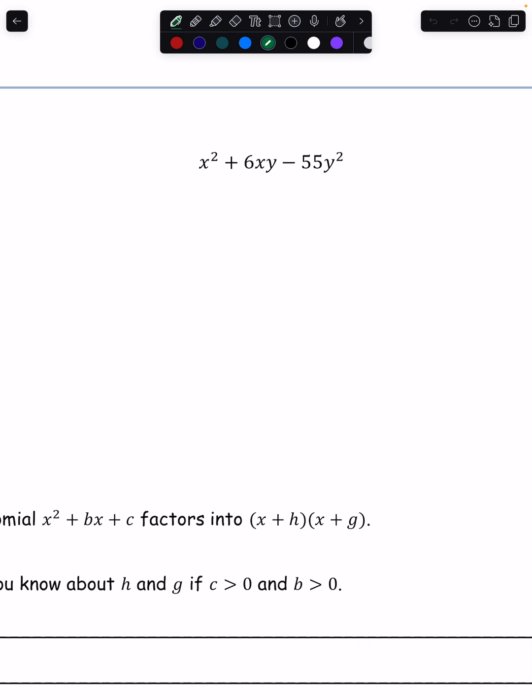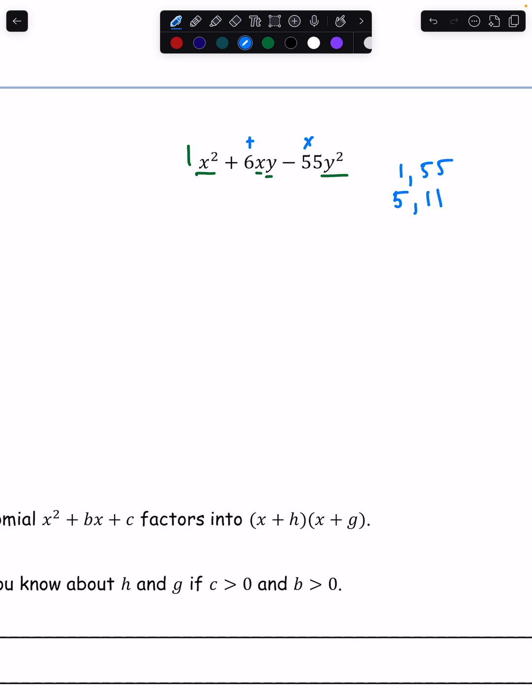So if you look at it, we have x squared and then x in the middle and y squared at the end and then y in the middle. The lead coefficient is 1, so we can still do our shortcut. So we can still look at two numbers that add to 6 and multiply to negative 55. For negative 55, the only factors we have are 1 and 55, and also 5 and 11.